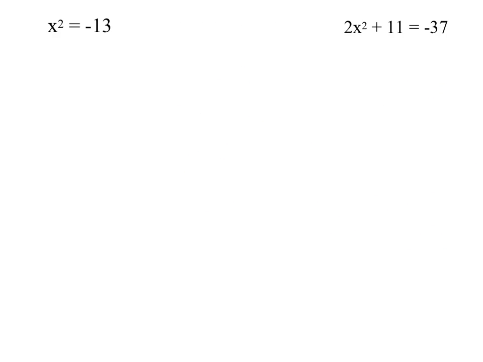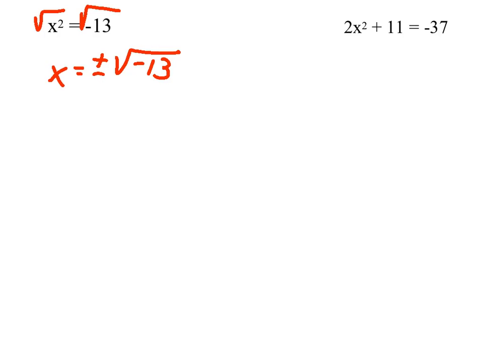So here are a couple of examples of possible scenarios where you could see the square root of a negative. If we're solving for x and we run into this scenario where x squared is equal to -13, and we need to finish solving for x, we need to take the square root of both sides. Since we're solving for x, keep in mind, we are going to have plus or minus the square root of -13.